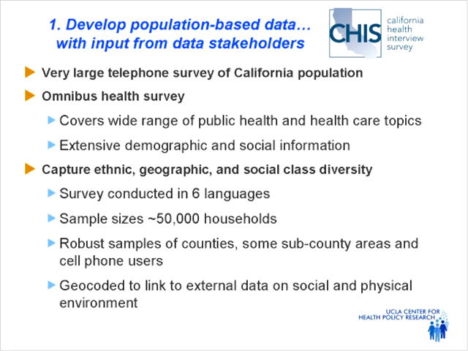I mentioned already that our sampling frame allows us to do county level estimates. Los Angeles and San Diego have sub-county areas. And as it notes on the slide, we also, several years ago, started a cell phone user panel. As many of you know, I'm sure many of you have experienced this, more and more people are dropping their landlines at home, which was the traditional way of sampling households, and have become cell phone only households.